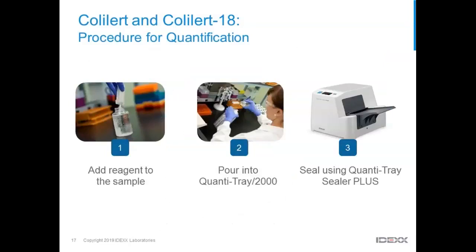That gets added to the Quantitray insert, which then goes through the Quantitray sealer, and through heat and pressure, it activates an adhesive on the back of the tray that will seal the back of the tray to the plastic front, and you'll have a sample that's distributed in the Quantitray.